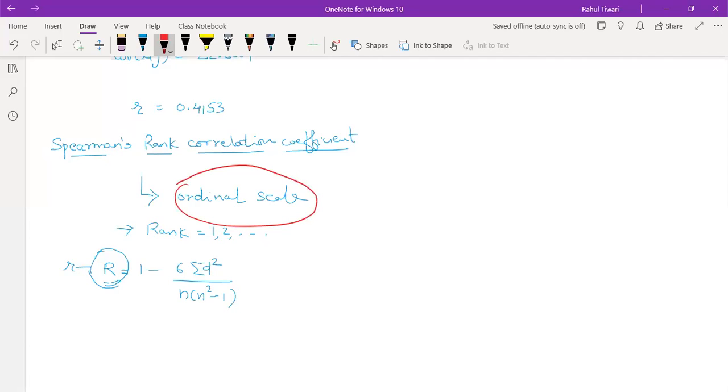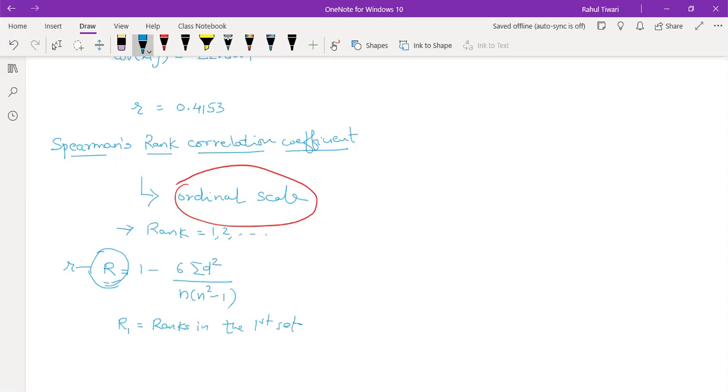So when you talk about ordinal data, you can write Spearman rank correlation as capital R, or small r, is equal to 1 minus 6 times summation d square upon n square minus 1. This is the formula for Spearman rank correlation, where R1 is the ranks in the first set.